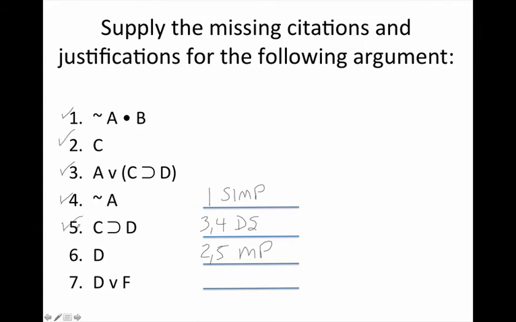So now you've used all 5 of your given and derived lines. And that means then that line 7, since you know that's the termination of the proof, has to come from line 6. You've got a disjunction. There's only one rule that takes you from a statement to that statement disjoined with another, and that is addition.